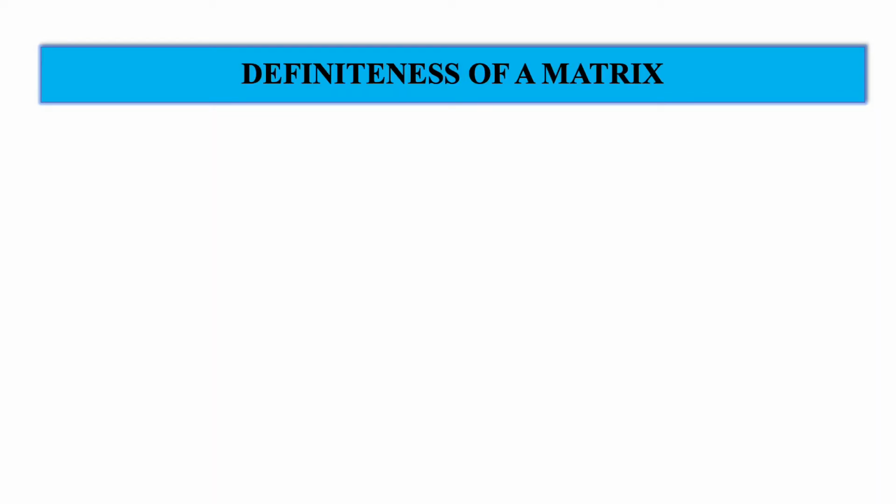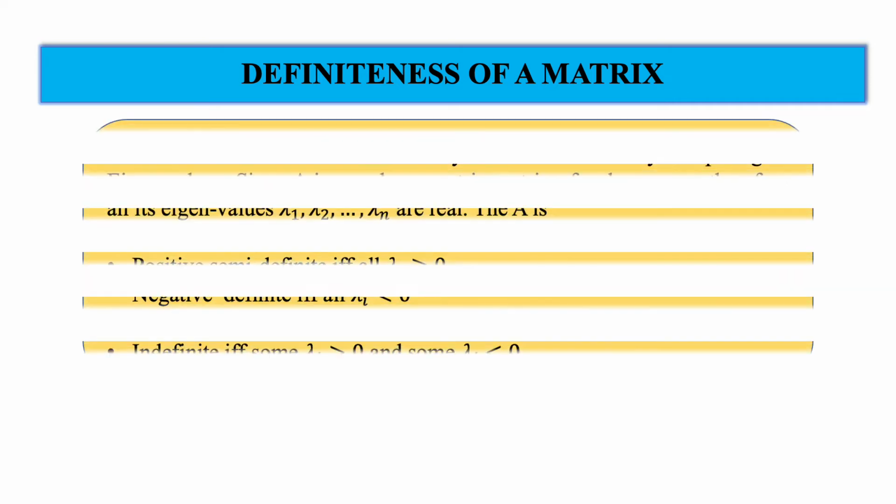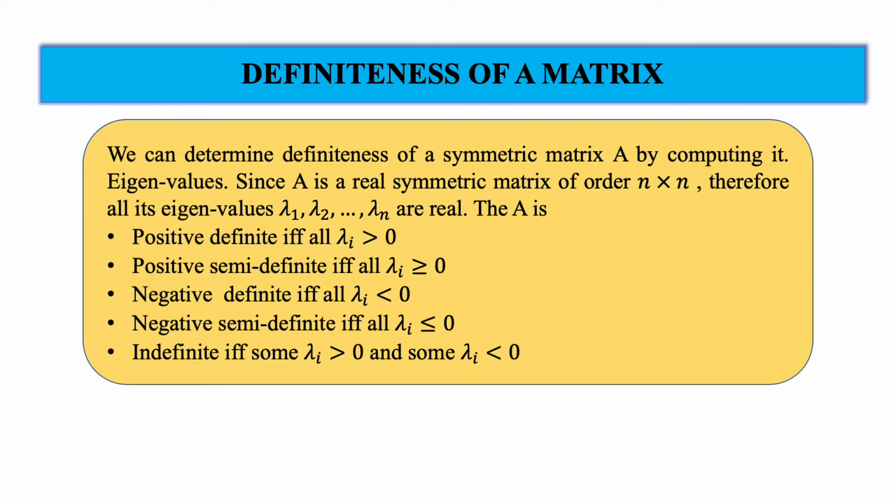Now how can we check whether the given matrix is positive definite, positive semi-definite or negative semi-definite? We have two tests. First is the eigenvalue test. Since the given matrix is real and symmetric, we know that all its eigenvalues are real.